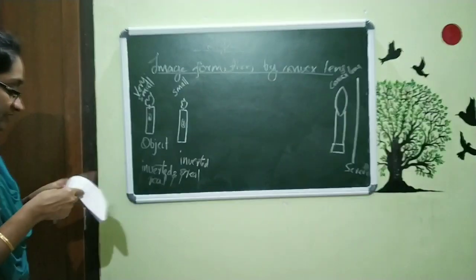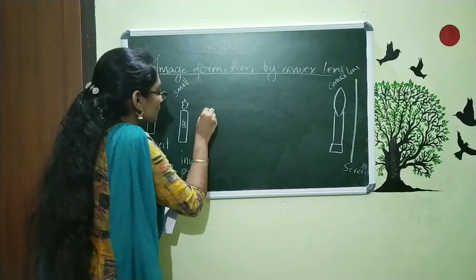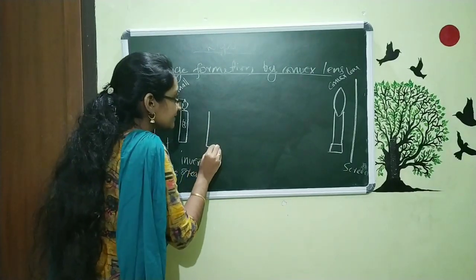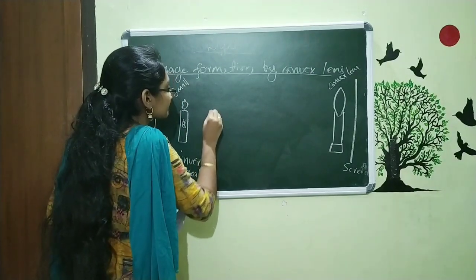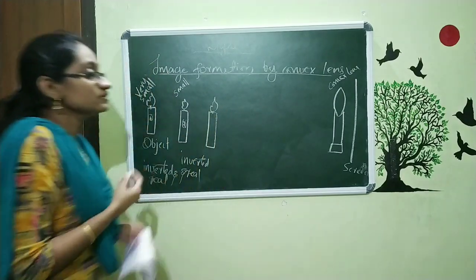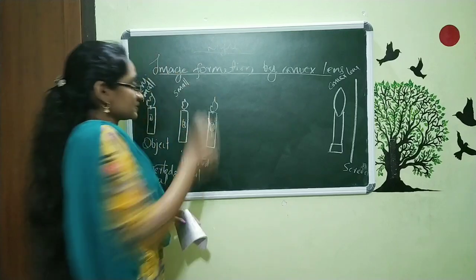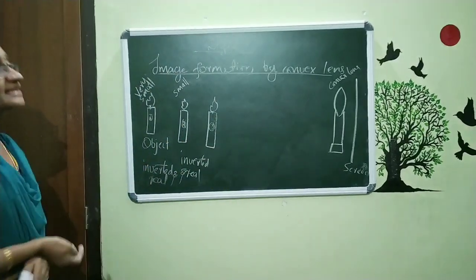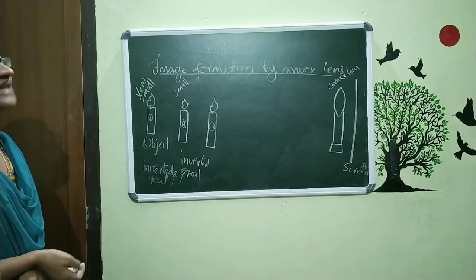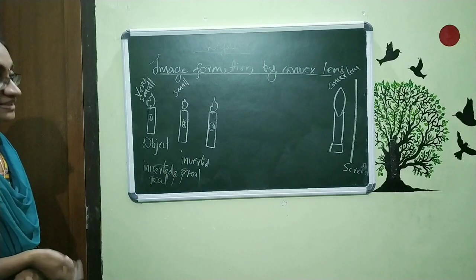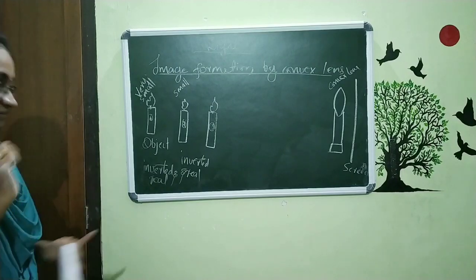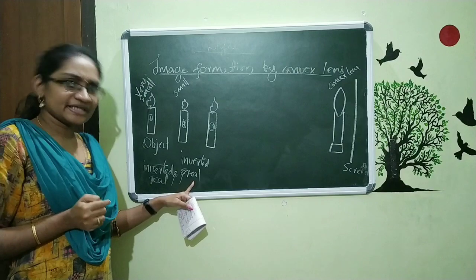Now again for the third, we are moving our candle a little more near to our lens. That means the third position. For the third position, again we are checking the image. At that time, you can see the image on the screen. That means it is real.